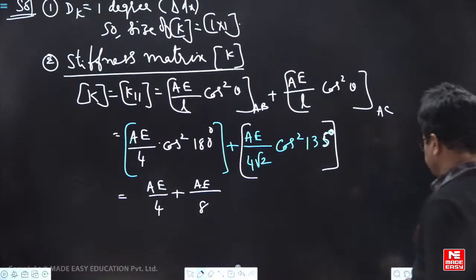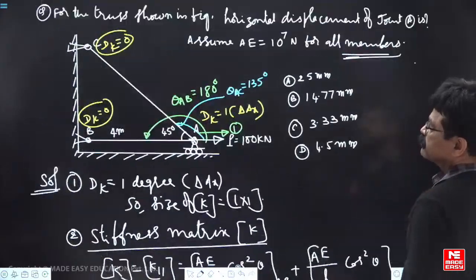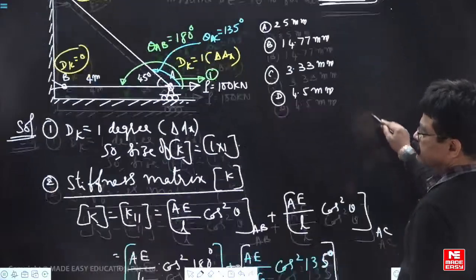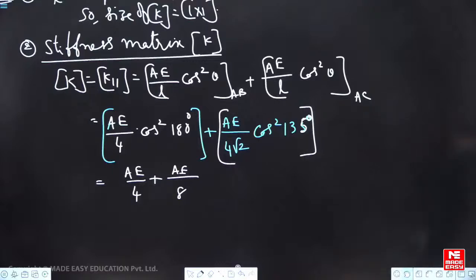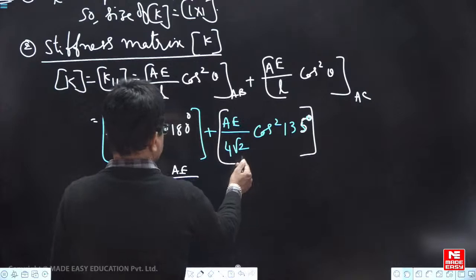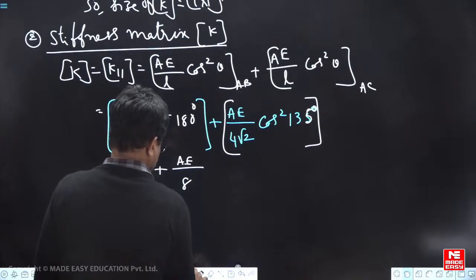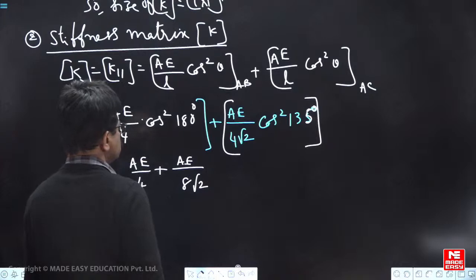This length I have given. So this will become 8 root 2, right?